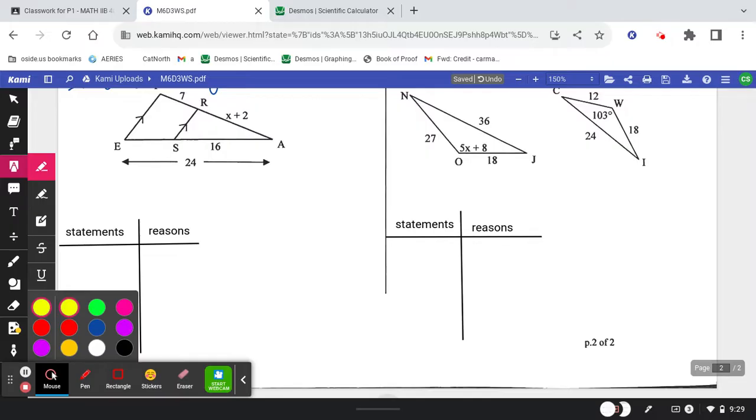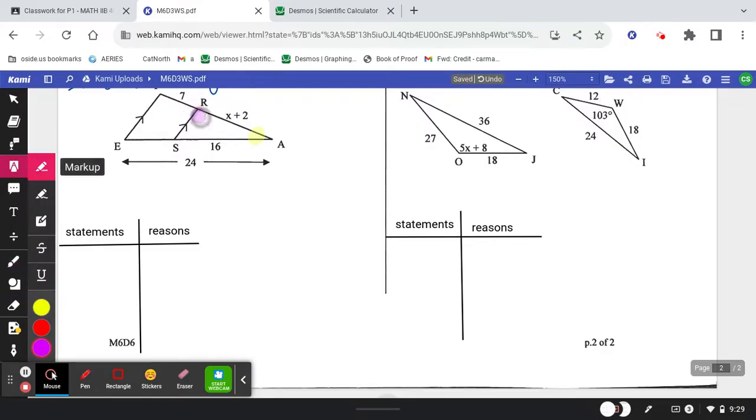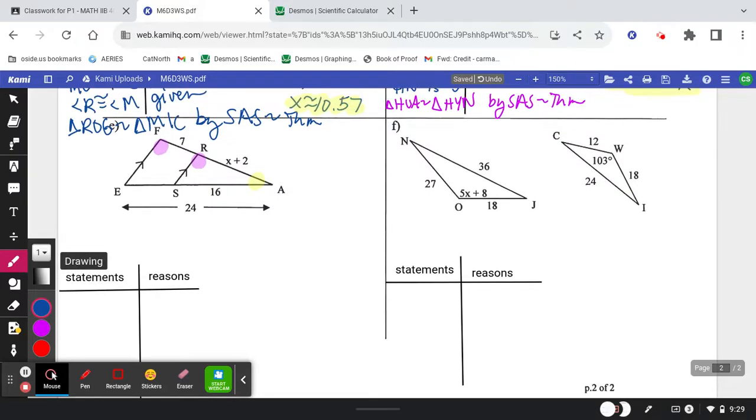All right, for this one, let's do angle, and then you can use the corresponding angles from the parallel lines right here. So we're going to use angle. So I can say angle F is congruent to angle ARS, and that's by parallel lines tell us that corresponding angles are equal.